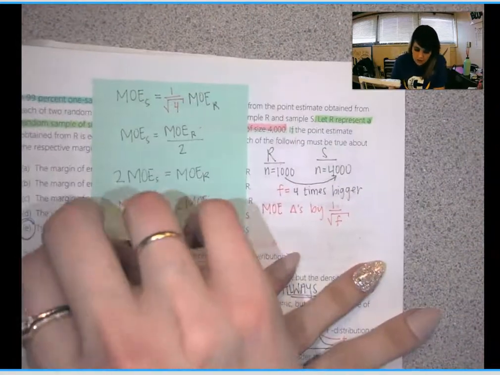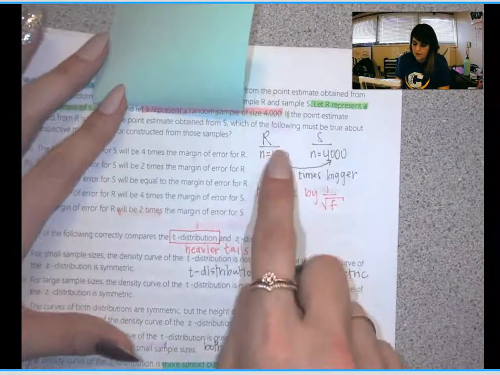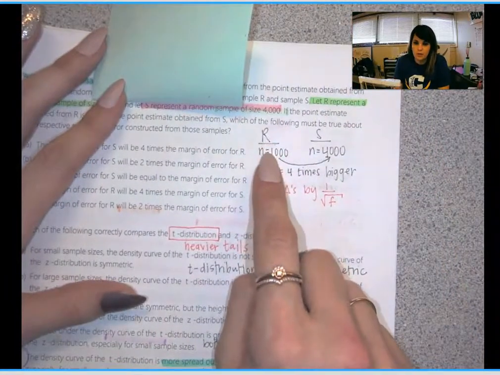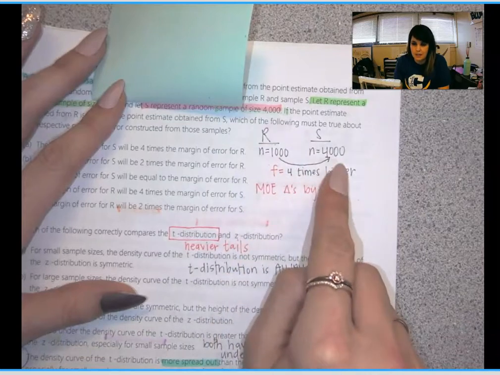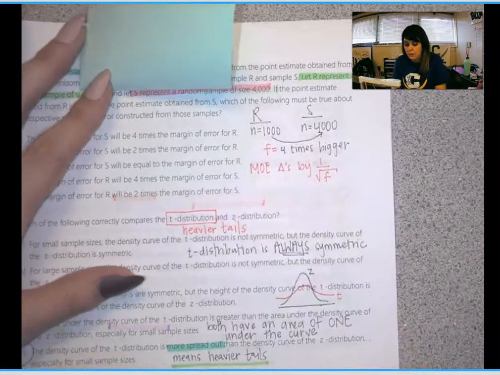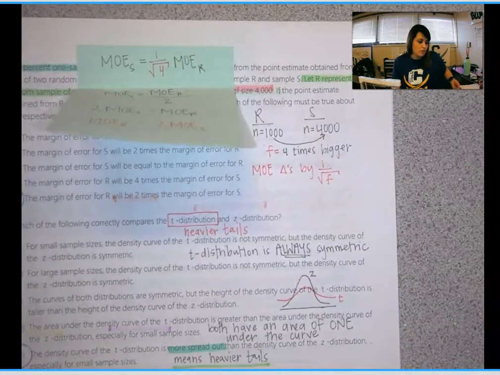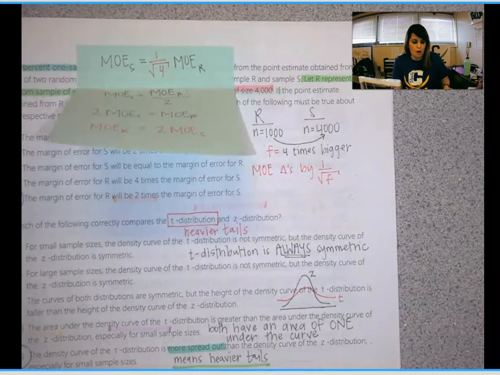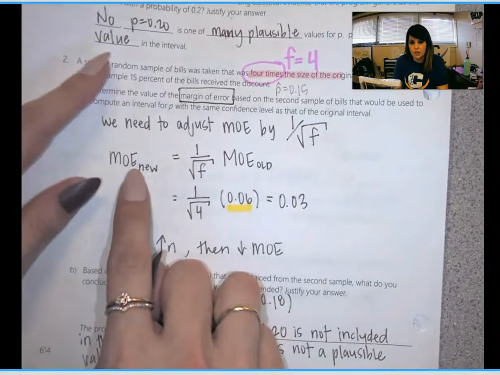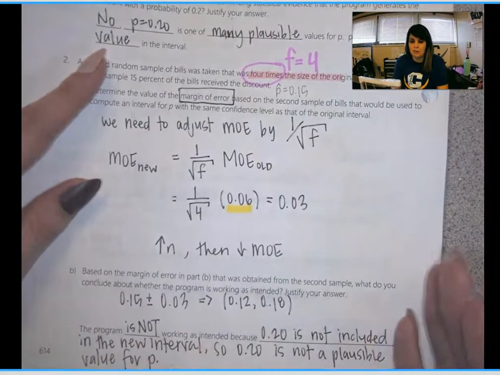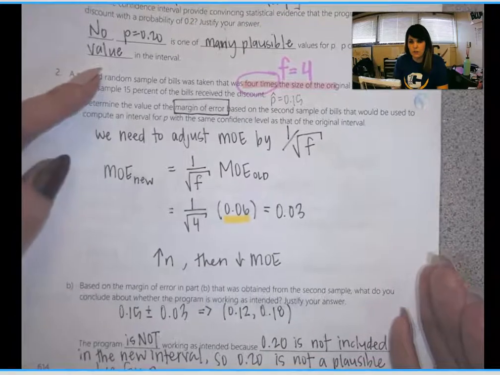Okay, so I had to write some information down about this one. So the first thing that I wrote down was the sample size of R compared to S, and I realized that it was 4 times bigger. And then I remembered in our notes that there was one problem where we talked about how my margin of error will change if I increase my sample size by a certain factor.